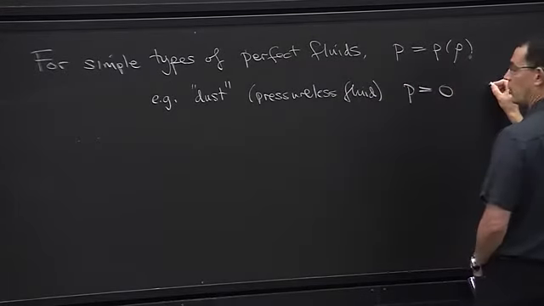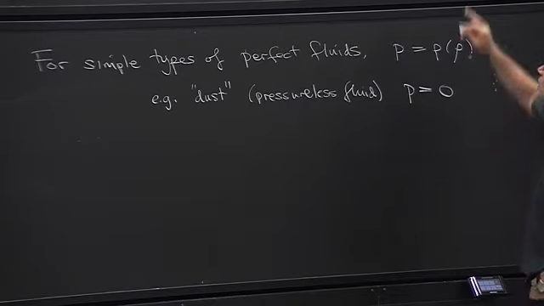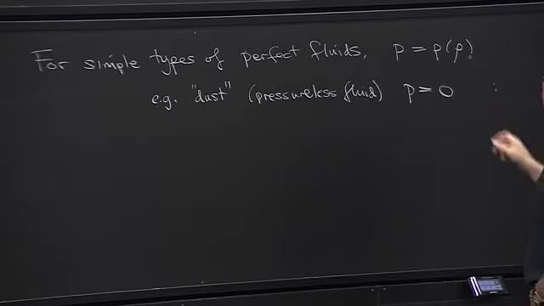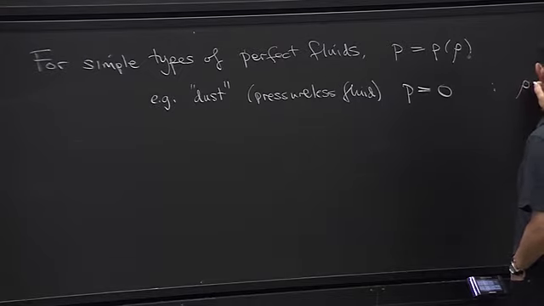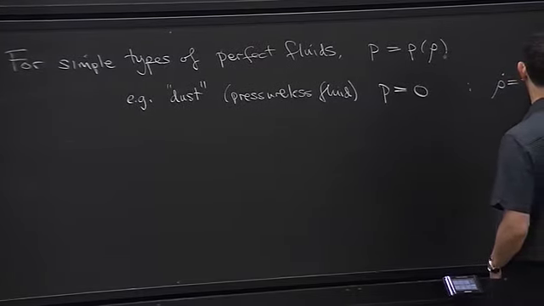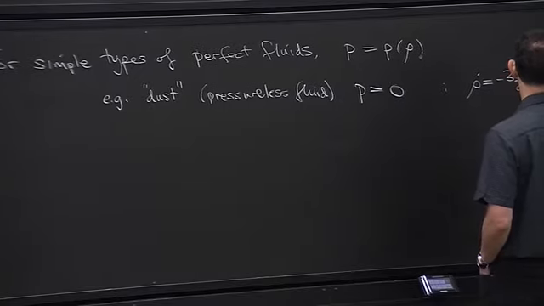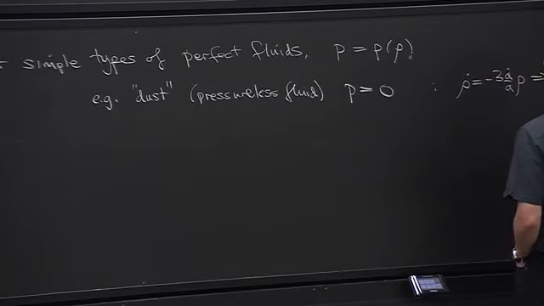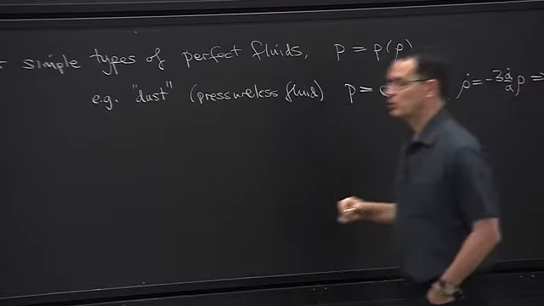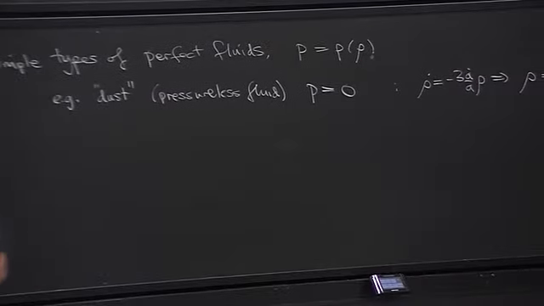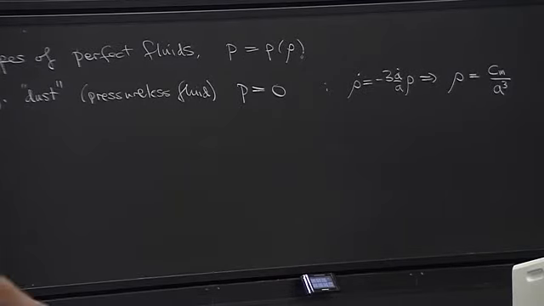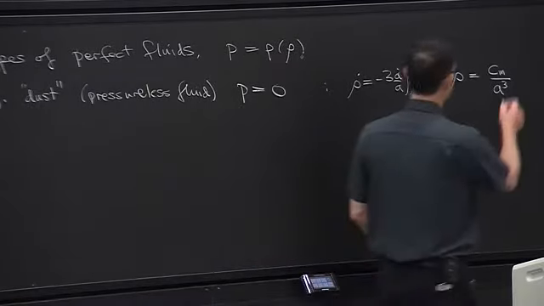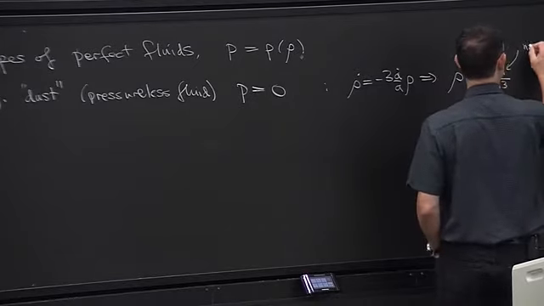And then we saw that the equation for stress energy conservation, the rho dot equation, implies that rho dot is minus 3 a dot over a rho, and that implies that rho is some constant over a cubed. We'll call it Cm, the constant for matter. Okay, so this is going to be non-relativistic matter.